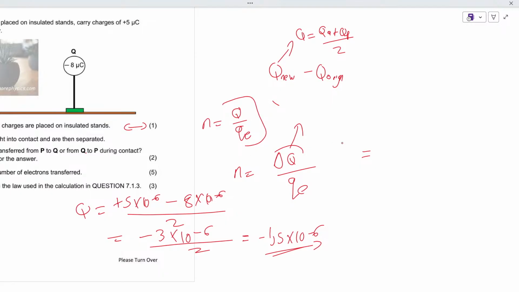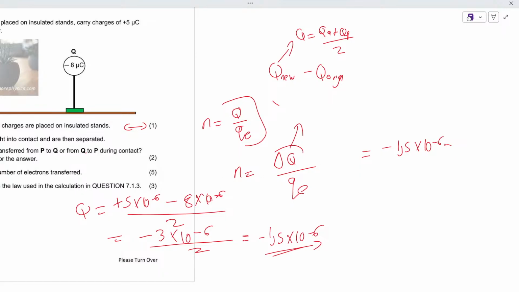You just say Q new is 1.5 times 10 to the power negative 6, and for the change you just say final minus initial, so let me just say any, minus the initial one.